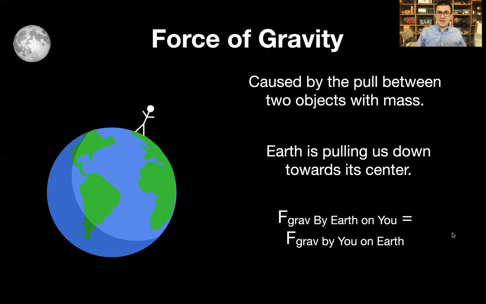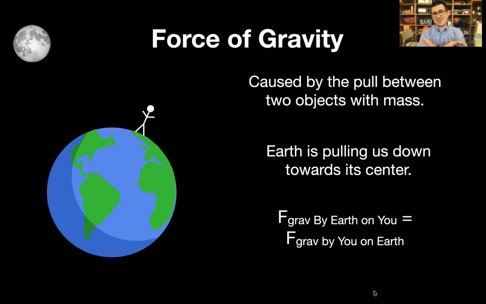Now, that does not mean that the consequences of that force are equal. Because I have such a small mass, that force pulls me down. Because the Earth has such a big mass, it doesn't even barely notice. So the Earth has a lot of mass and pulls things that have mass down towards it. That's the big thing that I need you to remember from this.